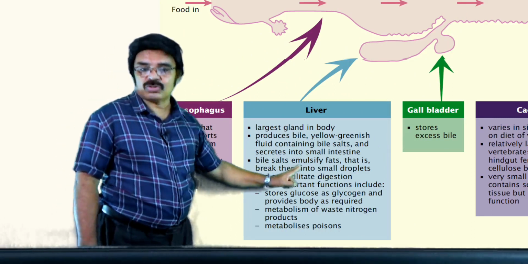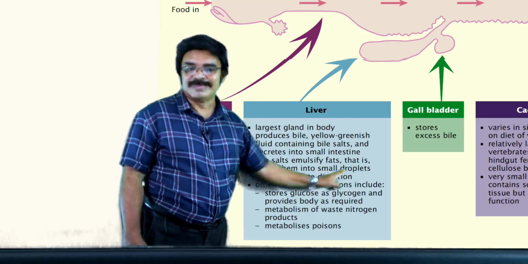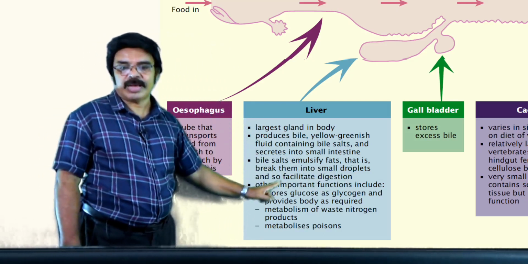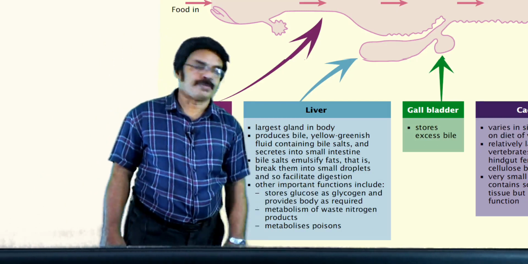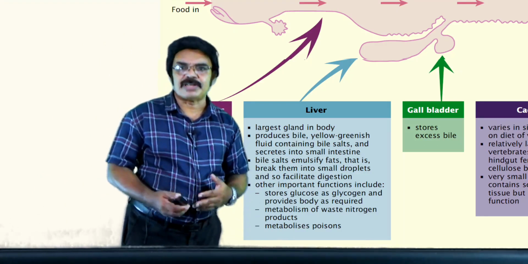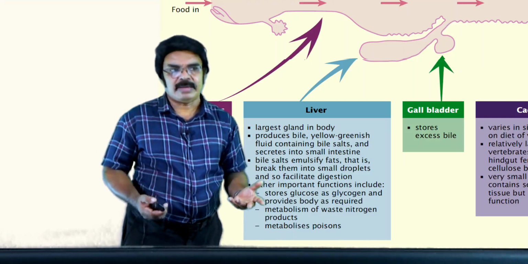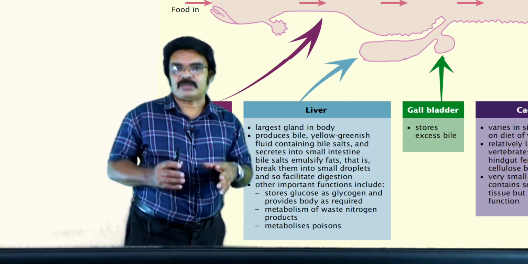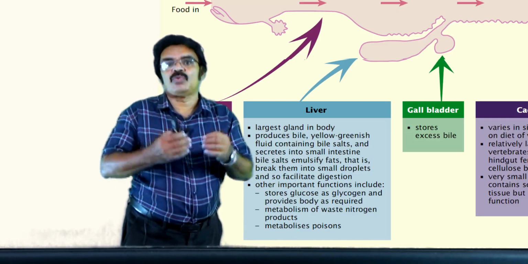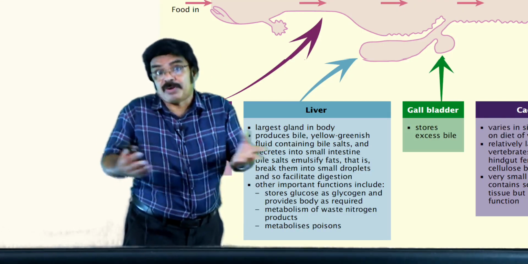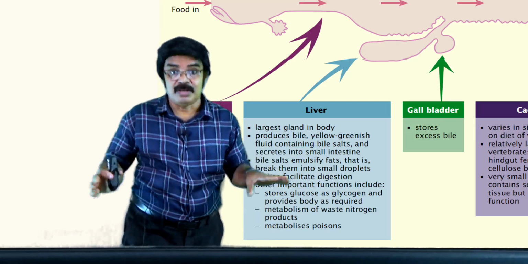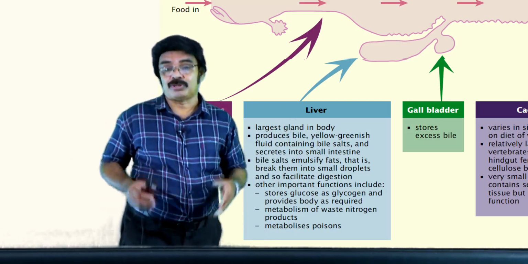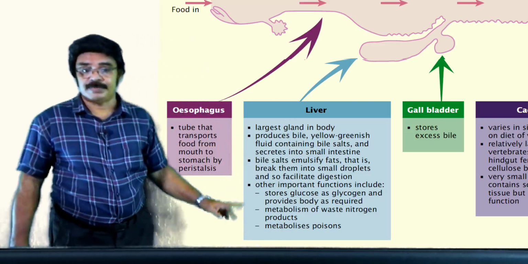Bile salts emulsify fats, that is, break them into small droplets, and so facilitate digestion. Bile helps in breaking down fat, that is lipid, into tiny parts, so that it increases the surface area of lipids. So it is very easy for the enzyme lipase to act on it.